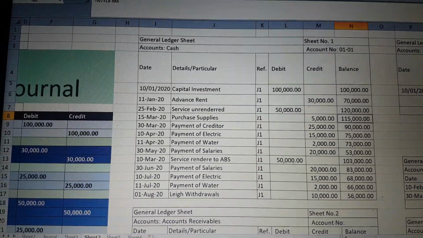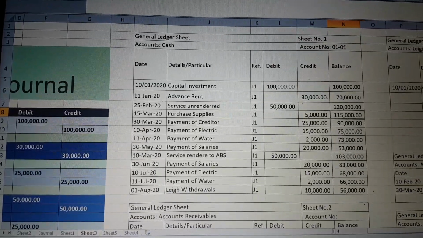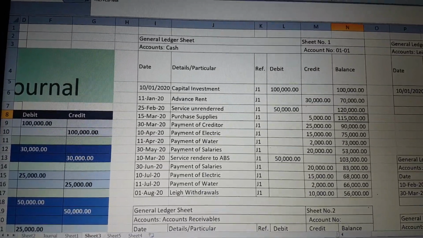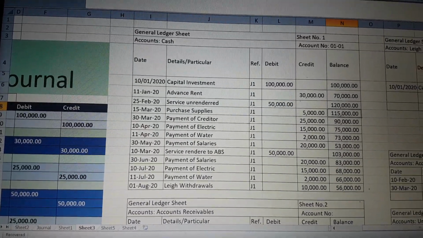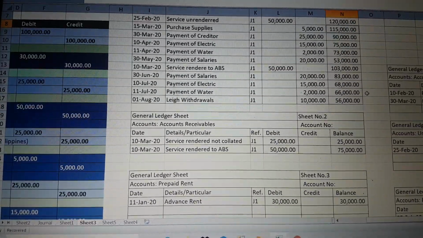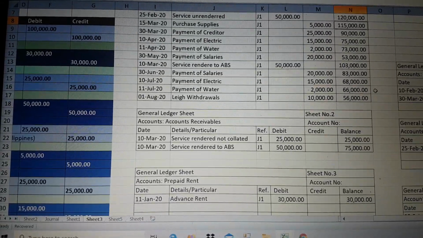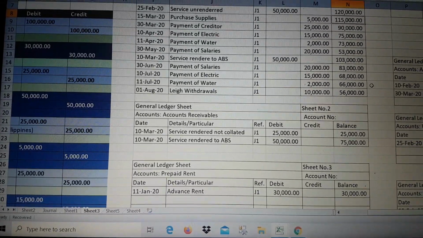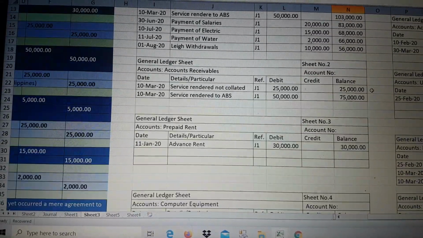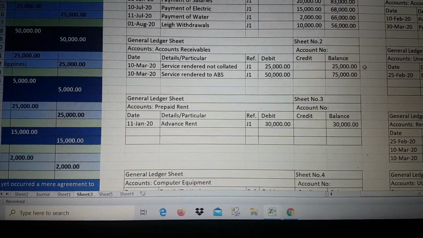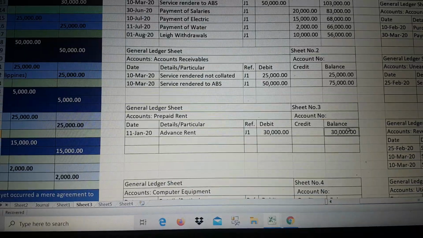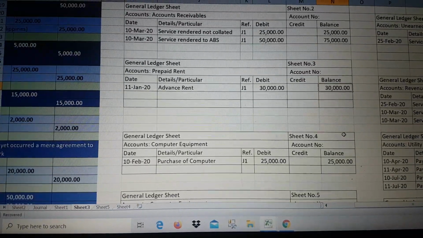Okay, let's start. So this is for the cash from our previous video on ledger. So this is the answer. You should have an end balance of 56. Next, for our accounts receivable, you should have an end balance of 75,000. For our prepaid rent, it's 30, only one transaction.